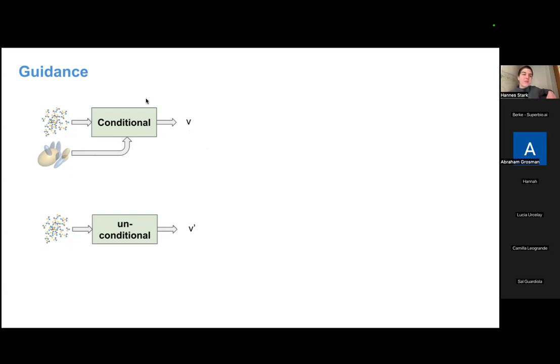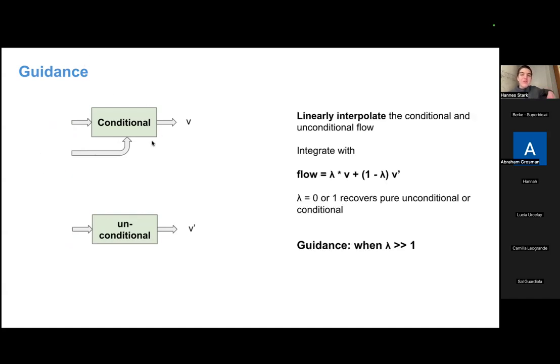Now what we can do with guidance is to trade off between these two vector fields and decide: do we want something very designable, or do we want something that very much adheres to our ellipsoids? And then the vector field with which we update our noisy point cloud is no longer just the conditional vector field, but it is this interpolation between the conditional vector field and the unconditional vector field.